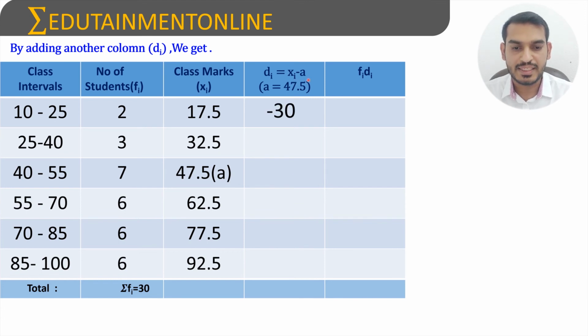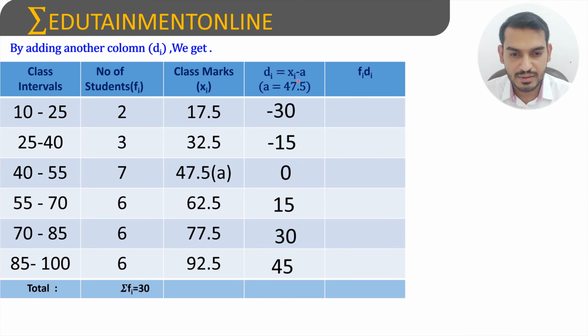So the first term xi minus a is minus 30, and the second term is minus 15, third term is 0, fourth term is 15, fifth term is 30 and sixth term is 45. These are coming from xi minus a, where a is the constant 47.5.